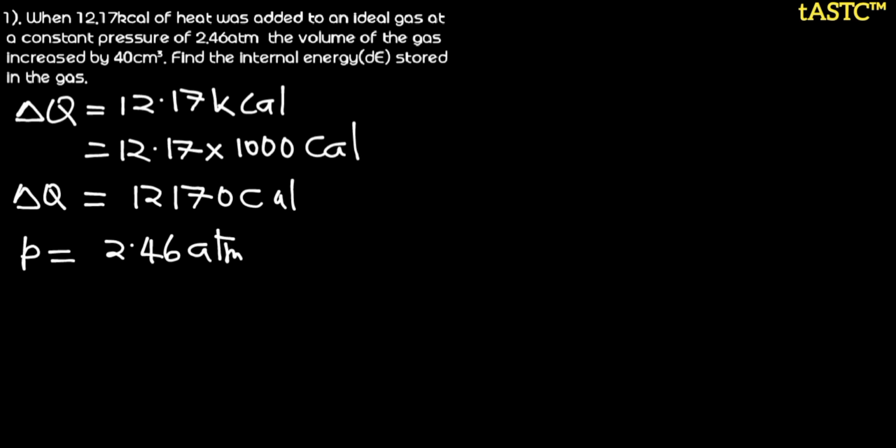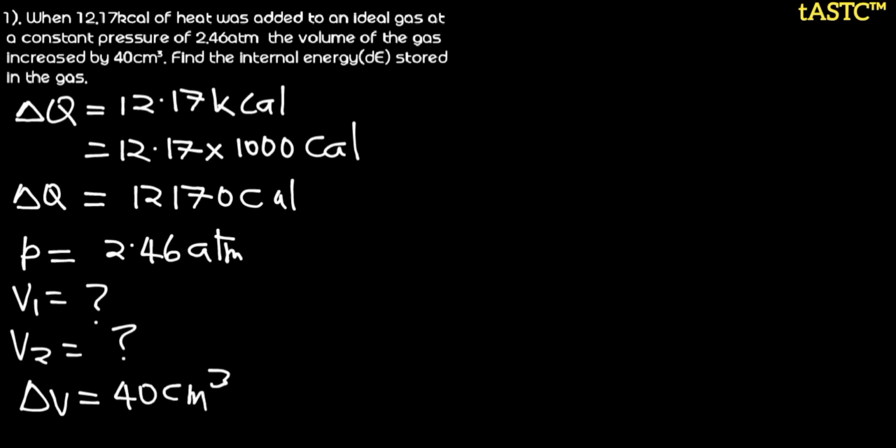Rather, we were only given the change in the volume. So V1, we do not know what that is. V2, we also do not know what that is going to be. But we know that dV, which is the change, we have it as the increase. So that is going to be 40 cm to the third.